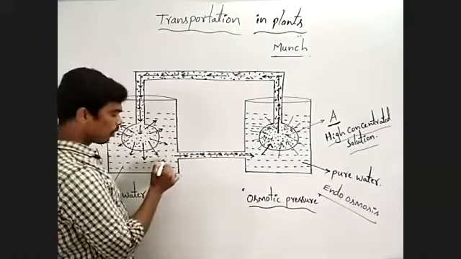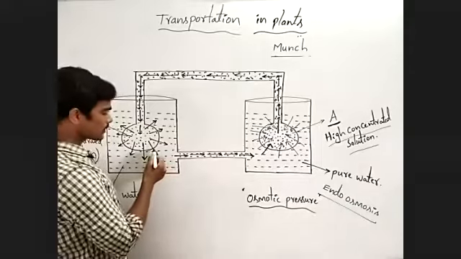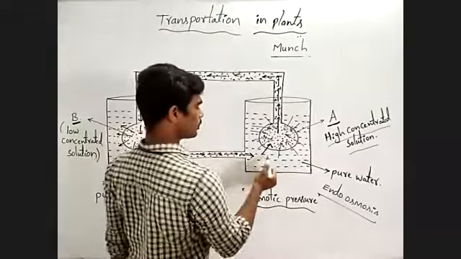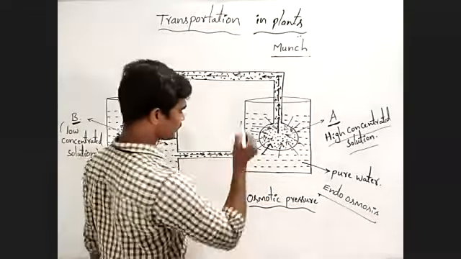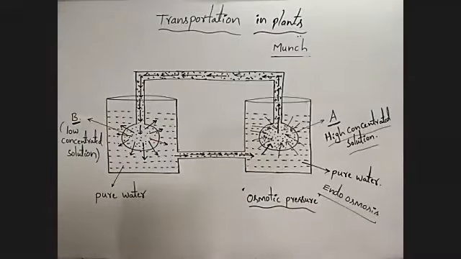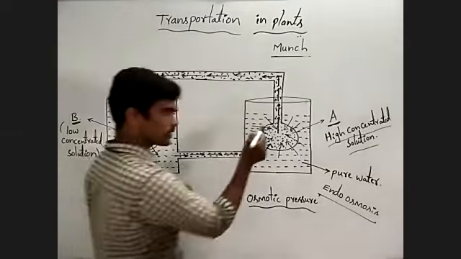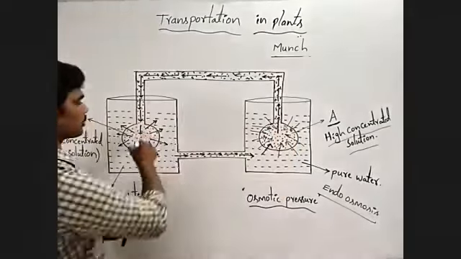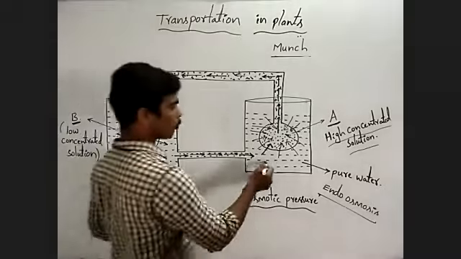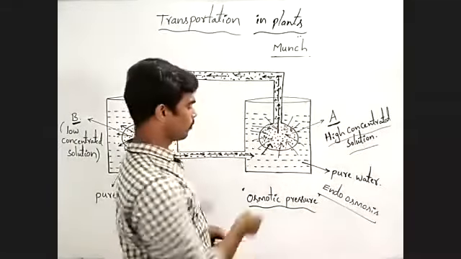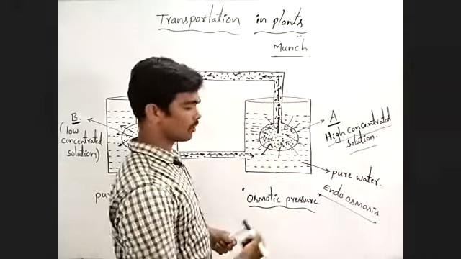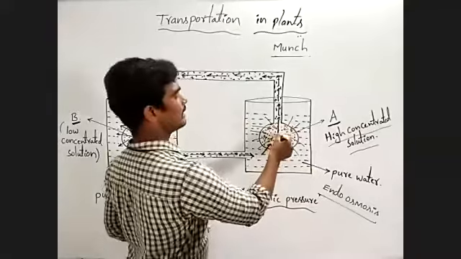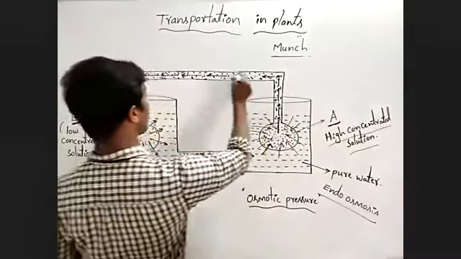Then this water is again transported to the other beaker through a tube. Observe that the solutes present in this osmometer are also transported along with the water when water is absorbed.